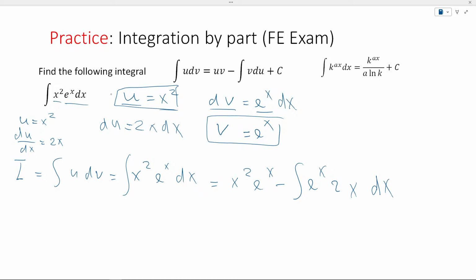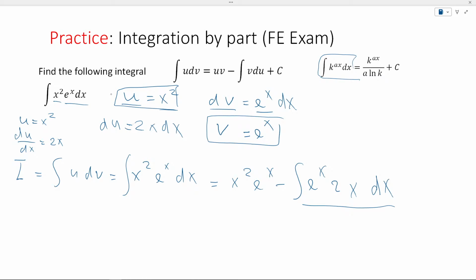Actually, no, we cannot integrate this guy because it does not follow this rule. So what should we do? Well, whatever you did here, just repeat it again. We can just integrate this guy by parts again.